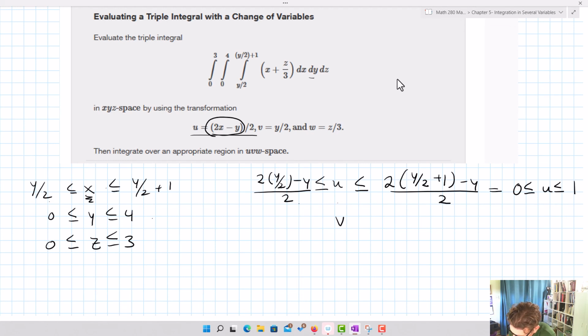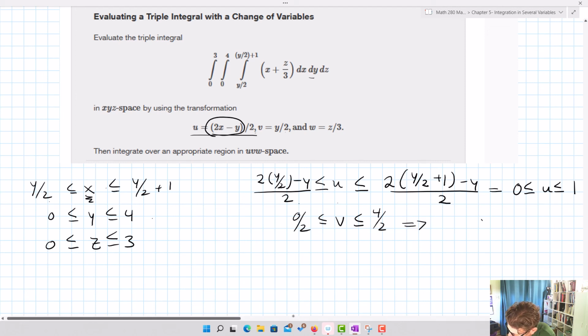Now v is y over 2, so v is greater than or equal to 0 over 2 and less than or equal to 4 over 2. That means v is greater than or equal to 0 and less than or equal to 2.